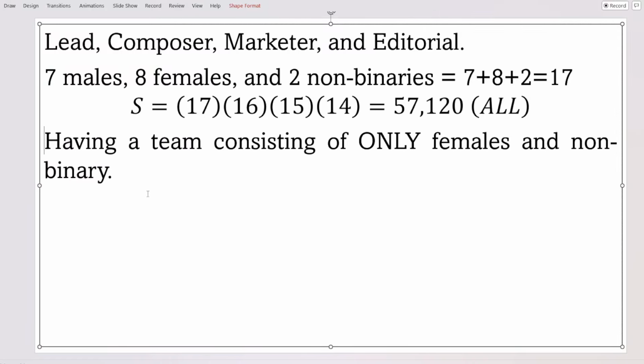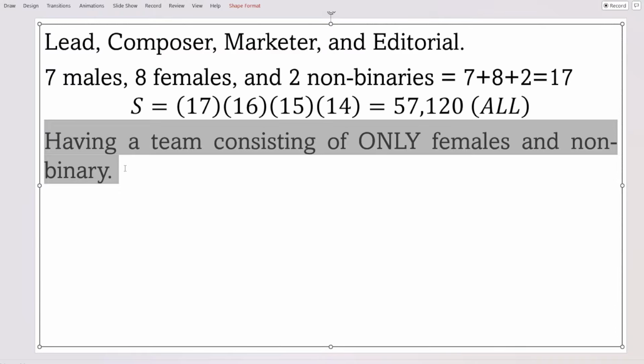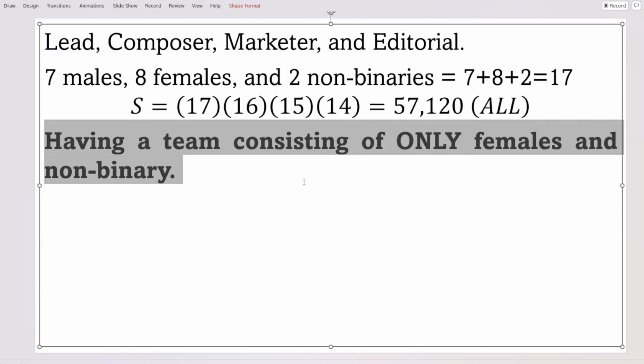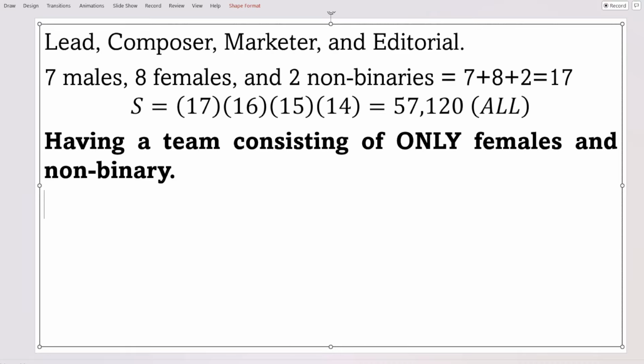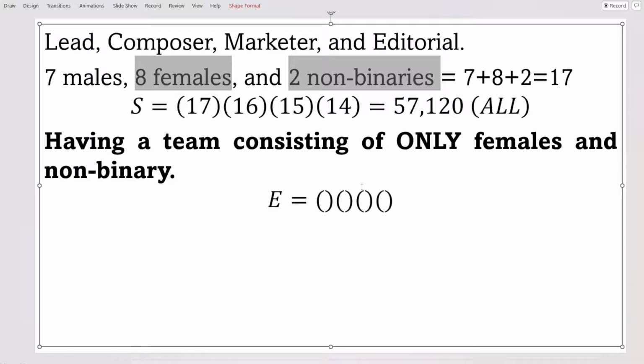So the last problem for this slide, we have a team composed of only females and non-binaries. Okay, so we're looking at only females and non-binaries. How many females are there? There are 8. How many non-binaries are there? There are 2.